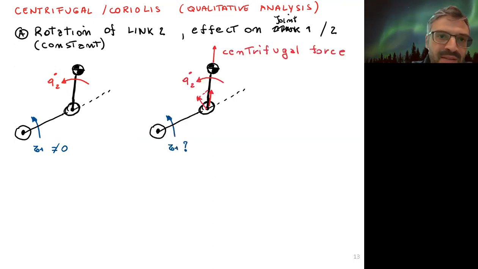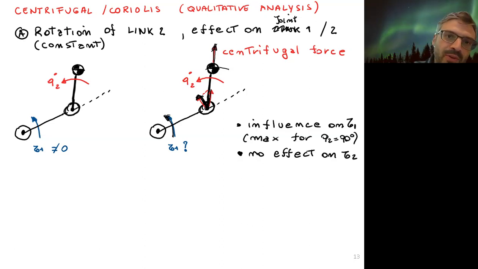If you are rotating, you have a centrifugal force that is along the axis. So it will create no torque on joint 2, but because of this component it will have an influence on joint 1.